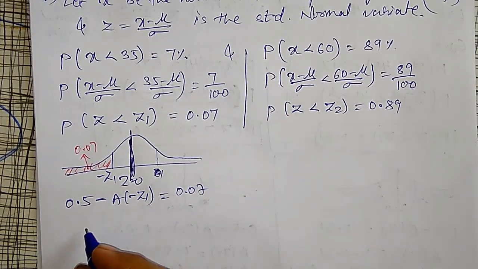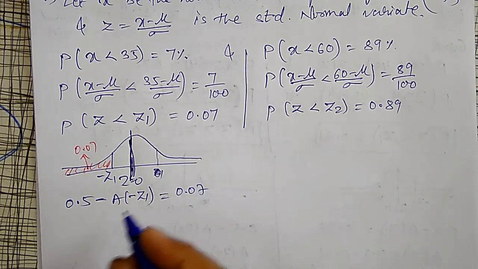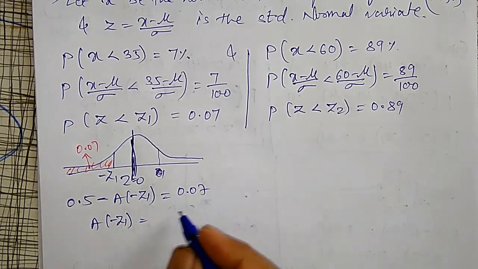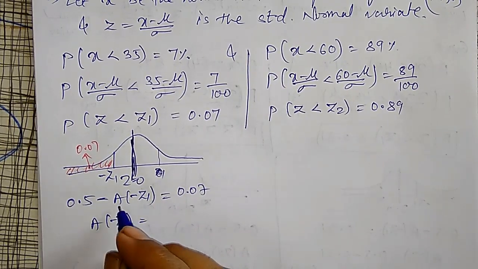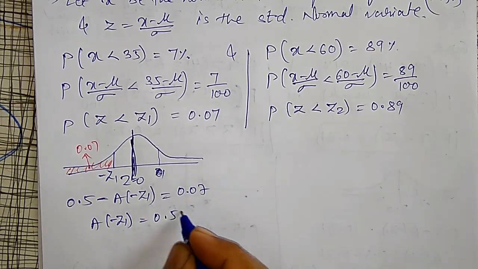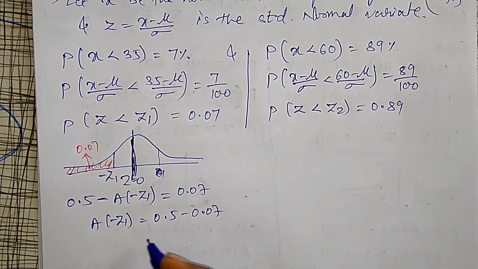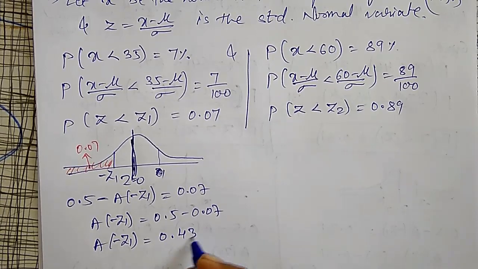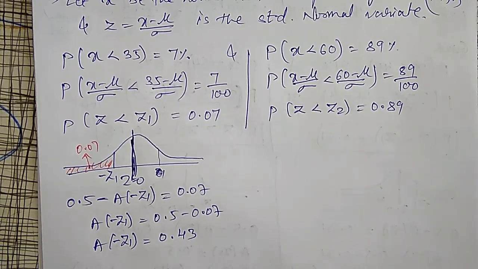Solving this equation step by step, shifting to the other side, I will get A of minus z1 equal to 0.5 minus 0.07. Therefore A of minus z1 is equal to 0.43. Okay, for which value of z1 is the area 0.43?